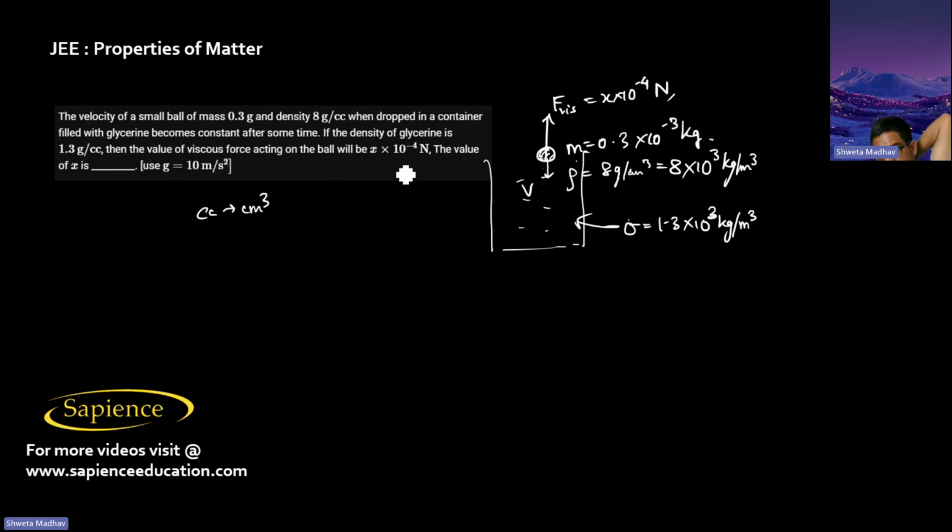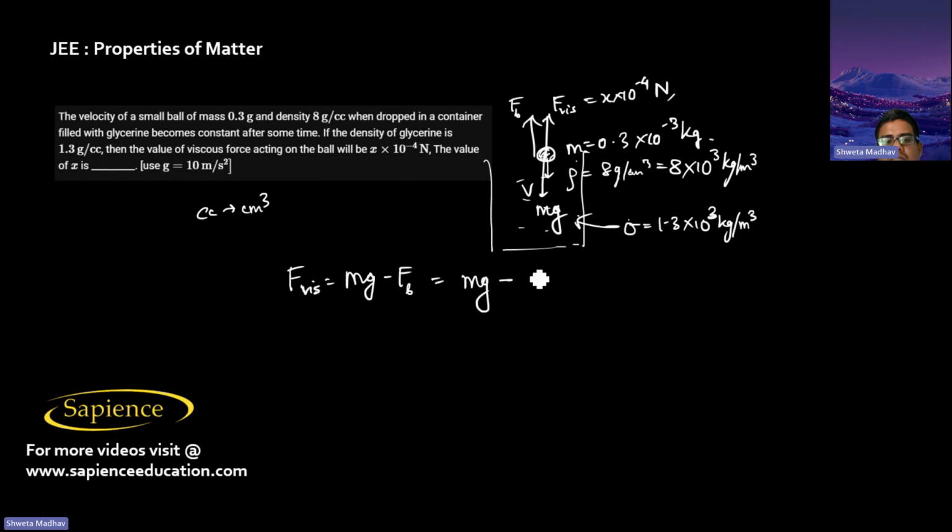So this is the viscous force. Then the upward forces are the buoyancy force and the viscous force, and the downward force is mg. So the value of the viscous force is obviously mg minus the buoyancy force, which is mg minus V sigma g. Now V I can say is m by rho. So that will be equal to mg into 1 minus sigma by rho.